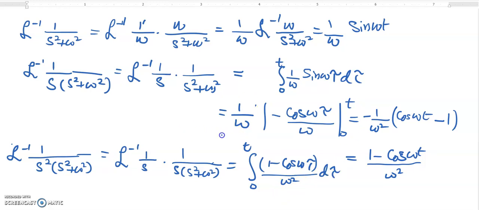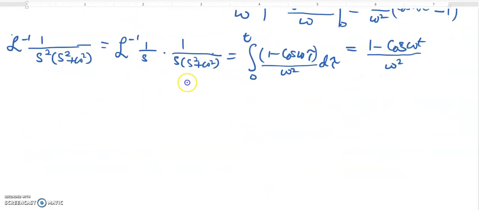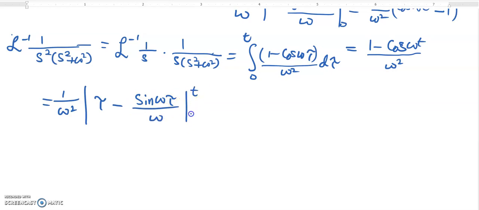So take a little bit of space over here to expand it. So we can take 1 over omega square outside, and then for 1 it will be tau. For cosine omega tau it will be sine omega tau over omega, and then from t to 0.